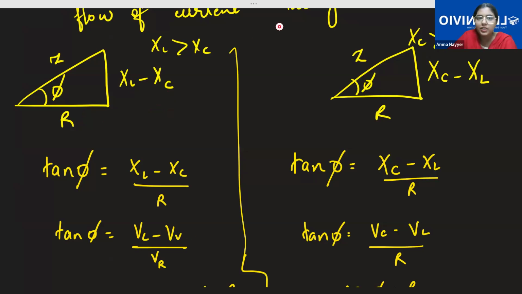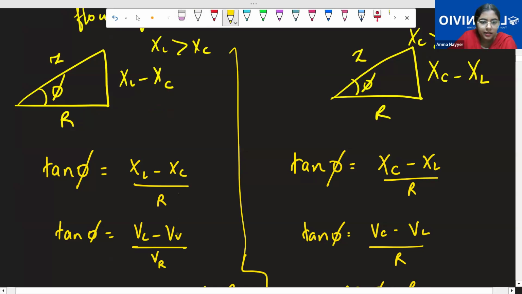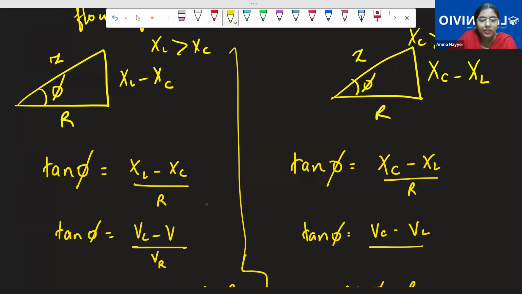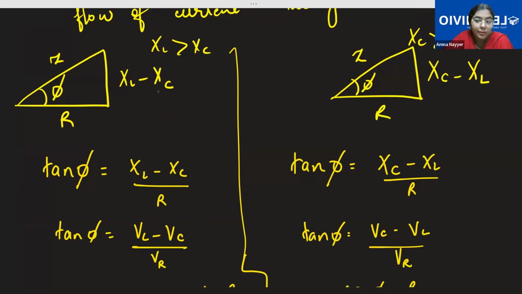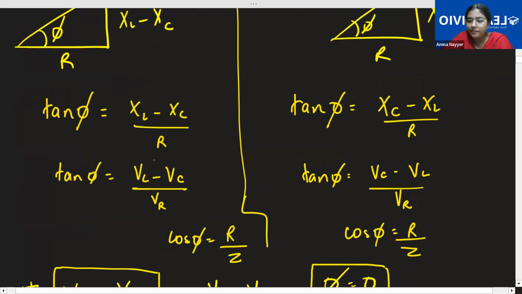Similarly, VL minus VC by VR. Same thing, just the value of tan theta I have written. I also told you this can be written in terms of voltages also. The same normal perpendicular upon base, and for cos theta, same thing, base by hypotenuse, so R by Z.